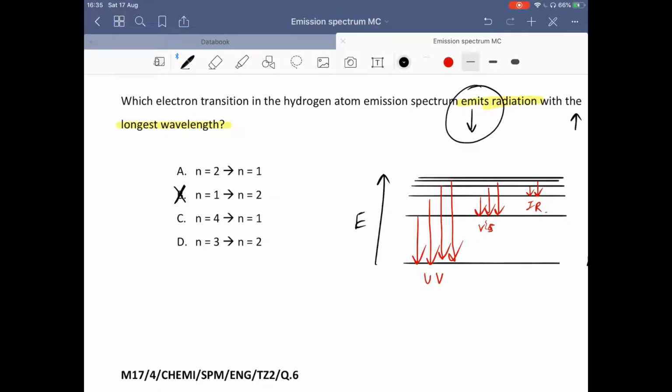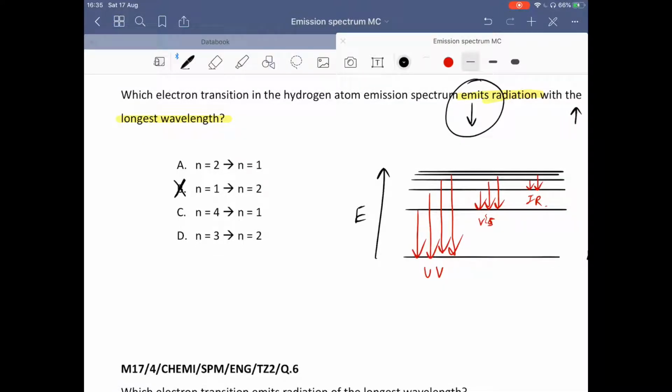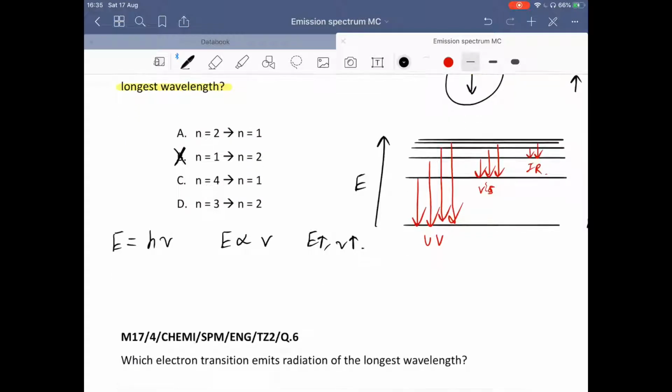Let's look at the second keyword of the question, longest wavelength. The second key thing you should know is the relationship between energy, frequency, and wavelength. Energy equals Planck constant times the frequency, so energy is directly proportional to the frequency. Higher energy, higher frequency. The second formula is energy equals Planck constant times the light speed divided by the wavelength, and energy is inversely proportional to wavelength.